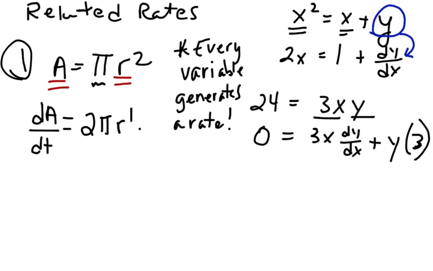But then I must multiply that by dr/dt, because every variable generates a rate. So that's the answer to that problem. And by the way, the examples that I'm doing today are coming from homework problems, but not in the order I'm presenting them.